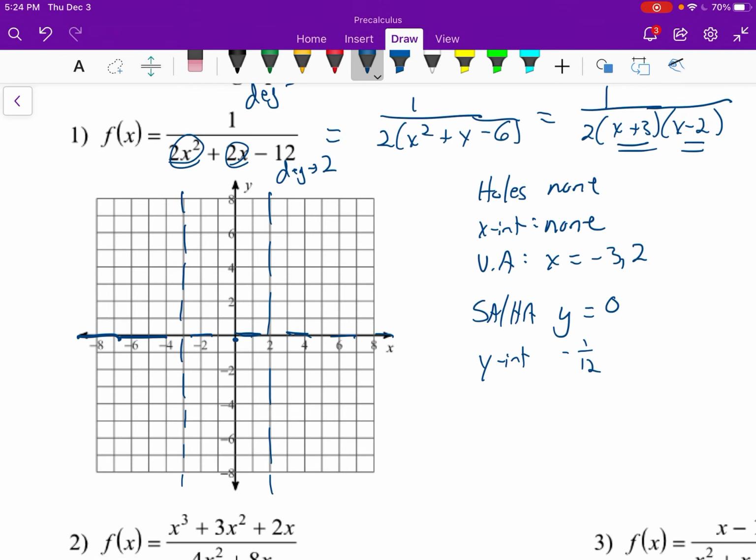Well, there are no x-intercepts, so the fact that we have this y-intercept here means this part of the graph, so remember the asymptotes split it up into different sections, so in this case we have 3 sections. The section we can work with first is the second because we have the y-intercept here. This doesn't cross the x-axis at all, so this portion of the graph needs to look like this.